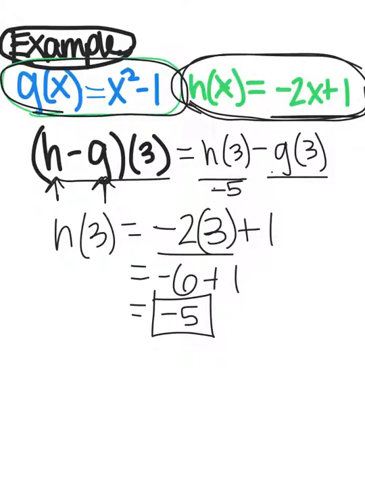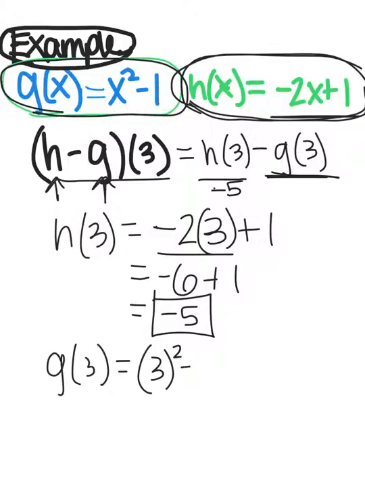And then I need to find g of 3. So I'm going to take g of 3 equals, and remember I'm going to now use my function g, so x squared minus 1. And I'm going to write that down here without the x. So I'm going to take my input now of 3 in parentheses, just to be cautious. When I'm working with negatives, it affects the answer.